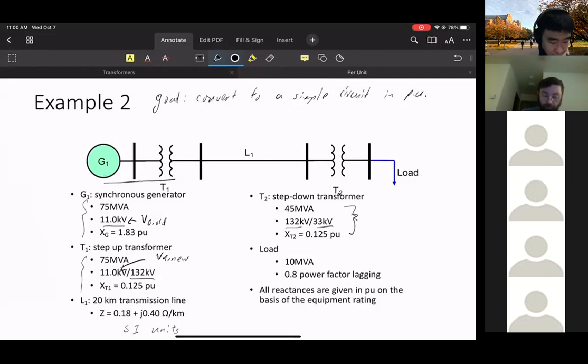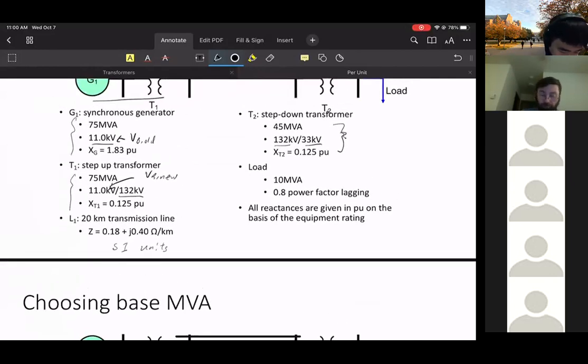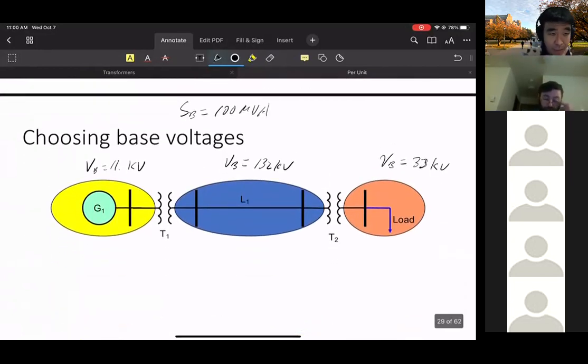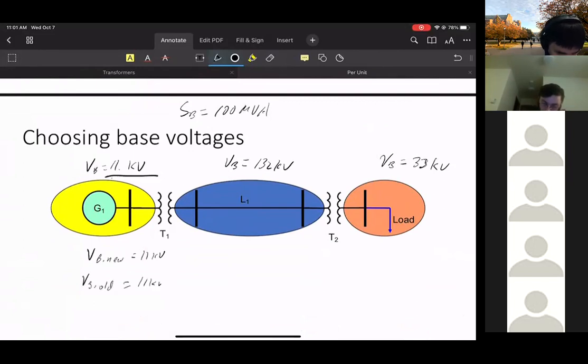So when we choose the base voltage, we'll choose it to be 11 kV as well. So VB new is 11 kV, VB old is 11 kV for the generator, and VB old is also 11 kV for the transformer.